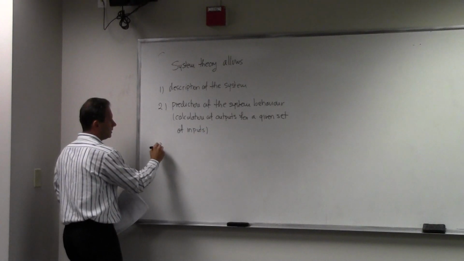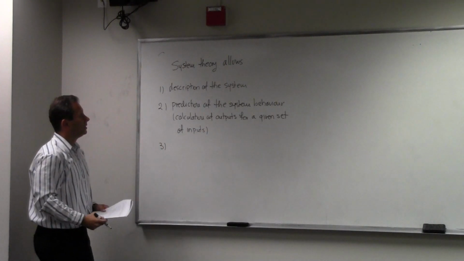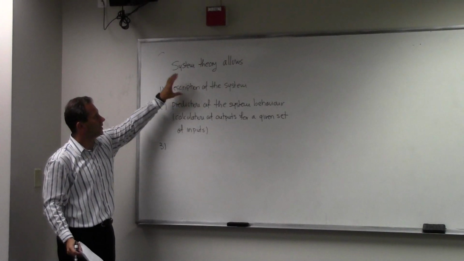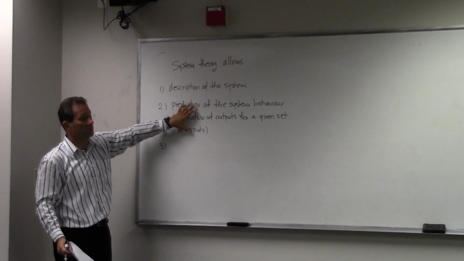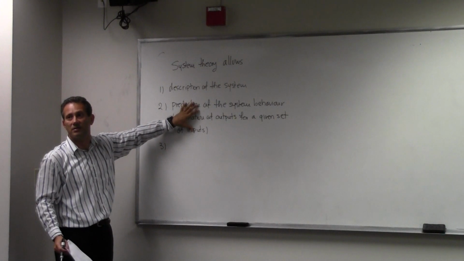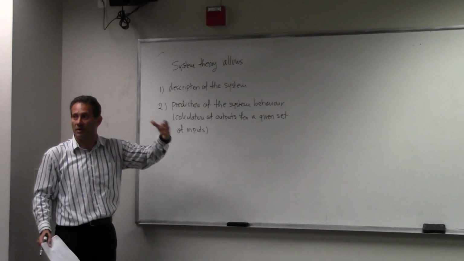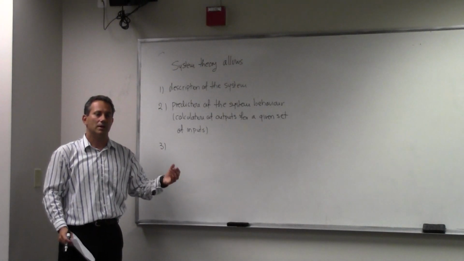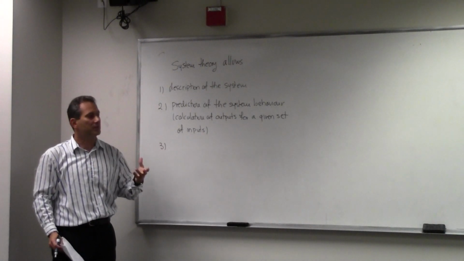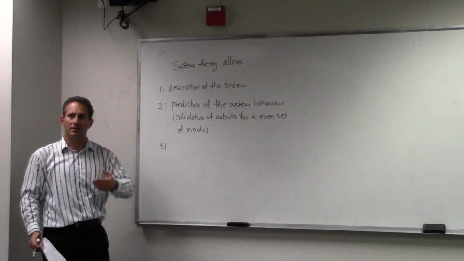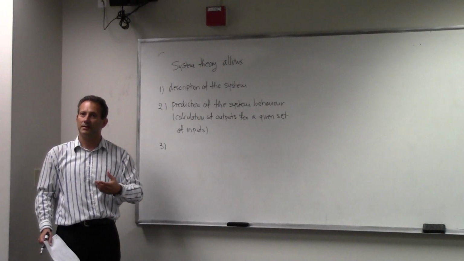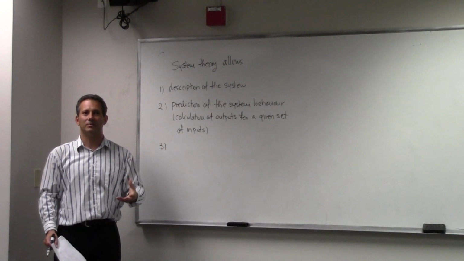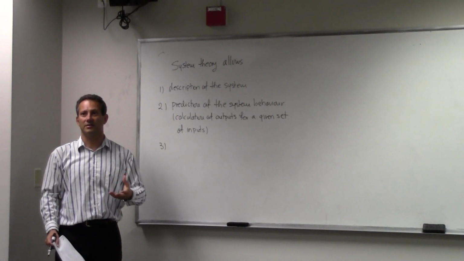And then the third thing that we want to be able to do. Now this is where we have description. This is essentially analysis, right? Analysis task: here are the inputs, here's the system, what comes at the output. Now, the last and most sophisticated task is, here are the inputs that I get, here are desired outputs, what does my system look like? And this is a design task, right?